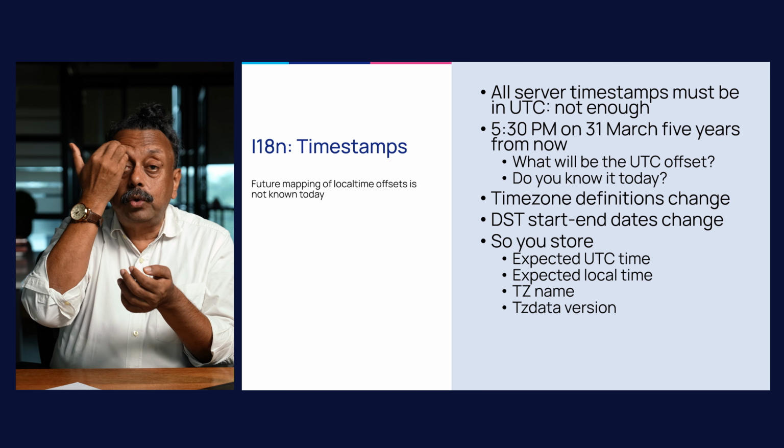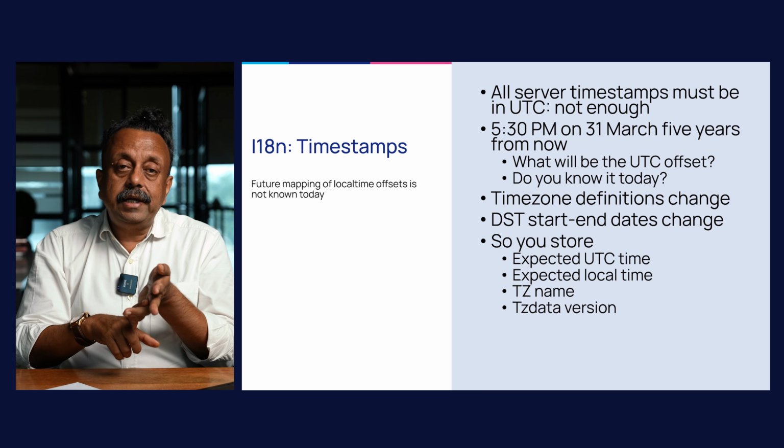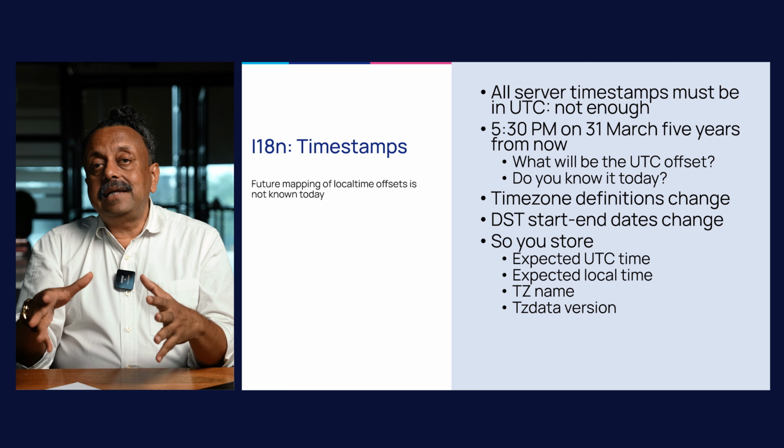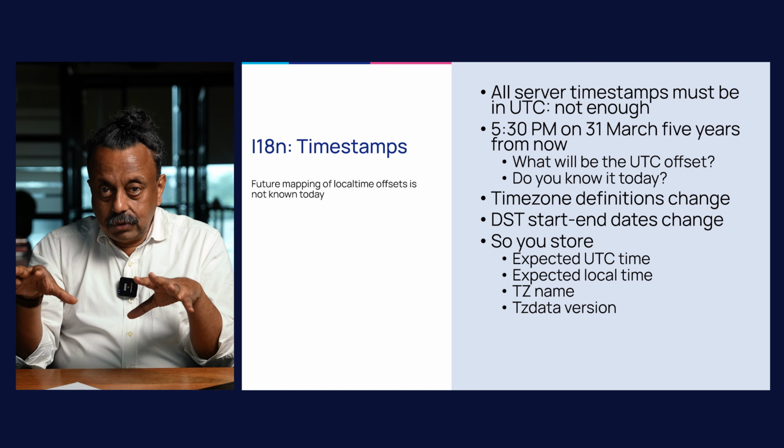Therefore, for future dates particularly, you need to store 4 values. You need to store the UTC timestamp as calculated based on time zone data and local time data of today.